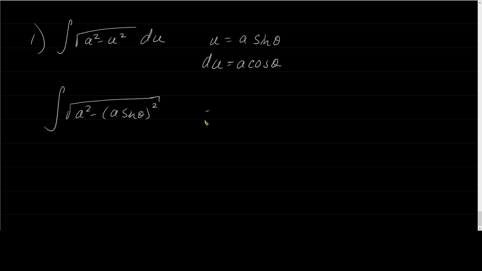We need to make sure we replace everything. We need to replace the du. I completely forgot to do that. That's awful. All right, so we have a cosine theta d theta. And at this point, we end up with the integral of the square root of a squared, and that would be 1 minus, well, I can't factor that out just yet. Let's actually apply the square first.